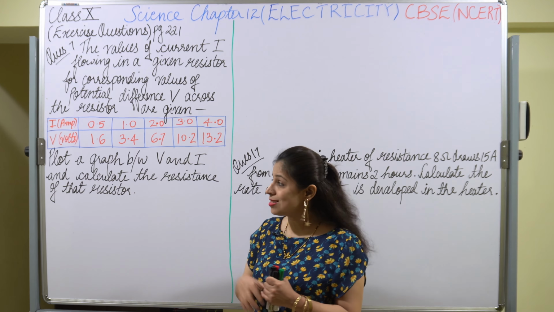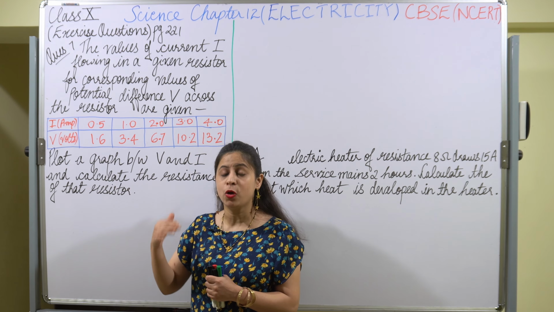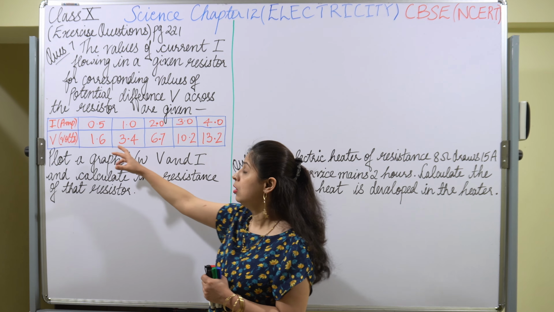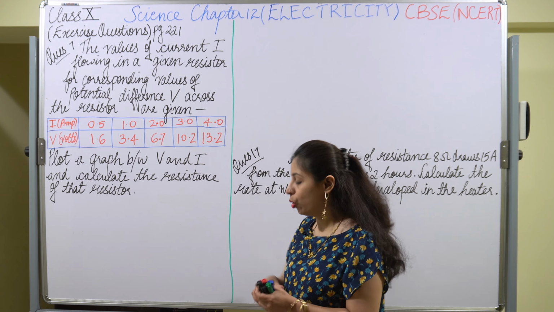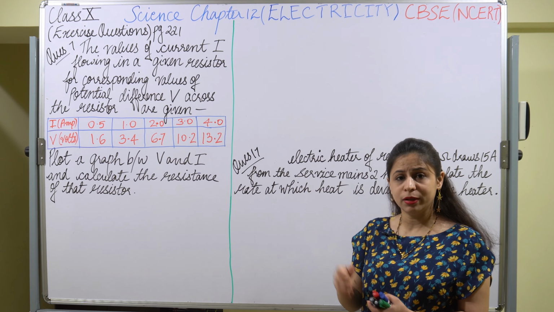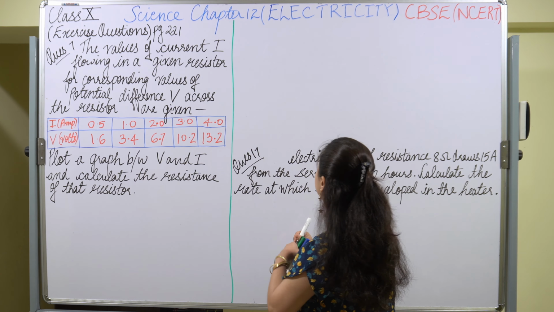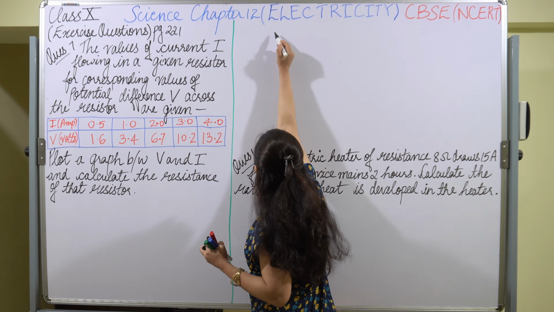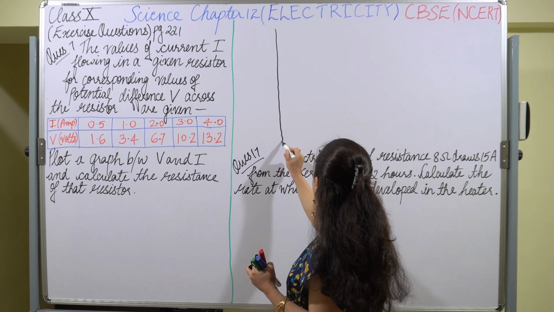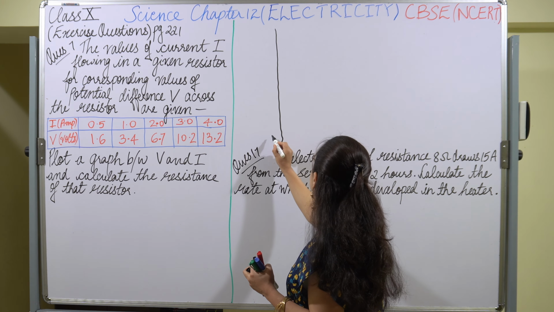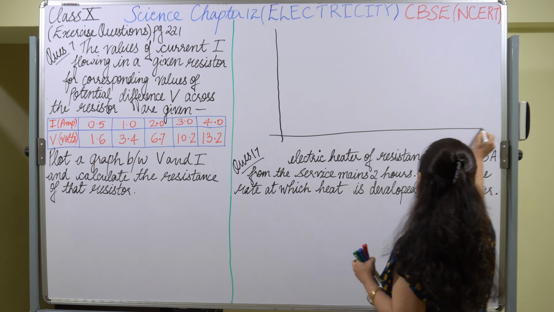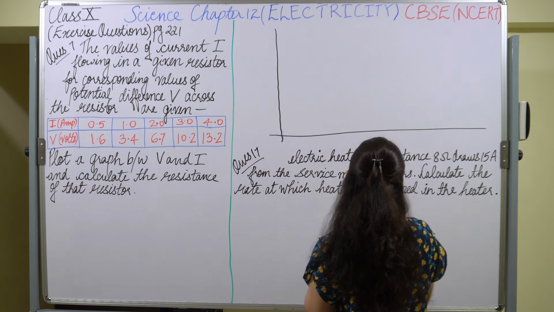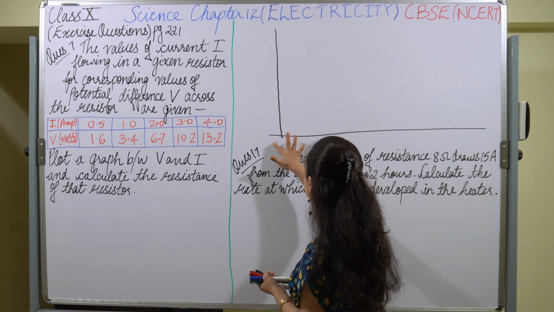So let us start with the plotting of the graph. We have already been given the values in a table. Taking the axes, one we will take as the x-axis and the other as the y-axis.